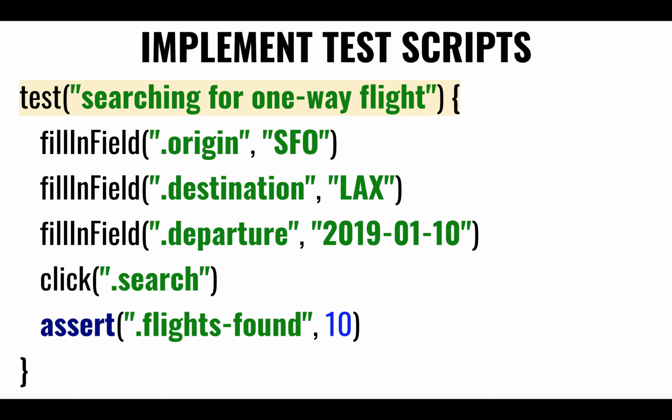We can fill in data in there, and then we can kick off a search, and presumably this will communicate with some remote server and come back, and then we can check to see whether the user interface changed correctly, that there are 10 flights that were found and that meet our particular criteria.